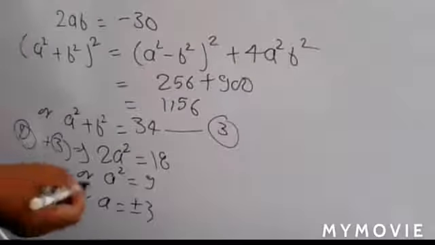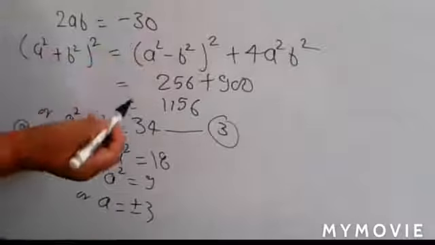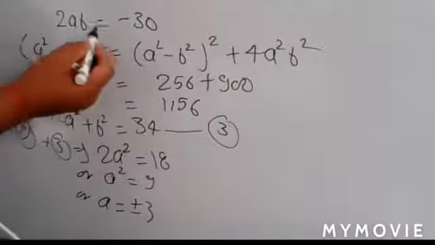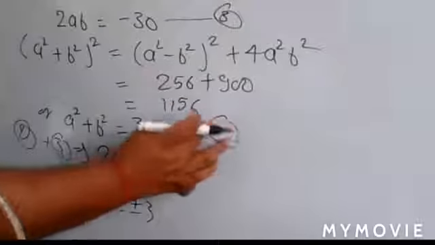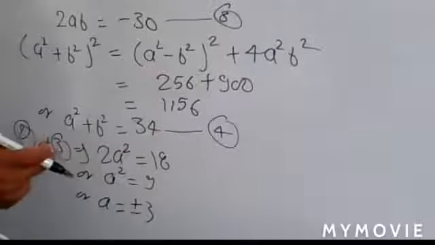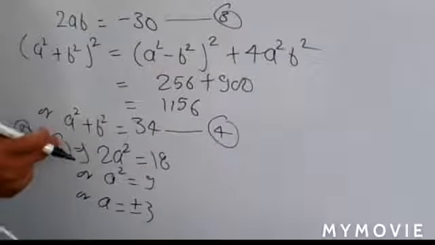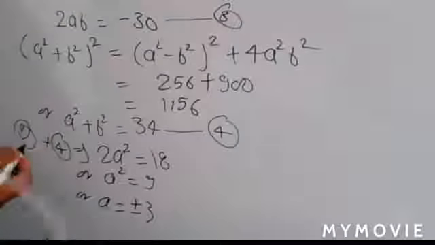Understand? Now putting that value of a in the third equation, which you write here as the fourth one. Here you are adding second and fourth.